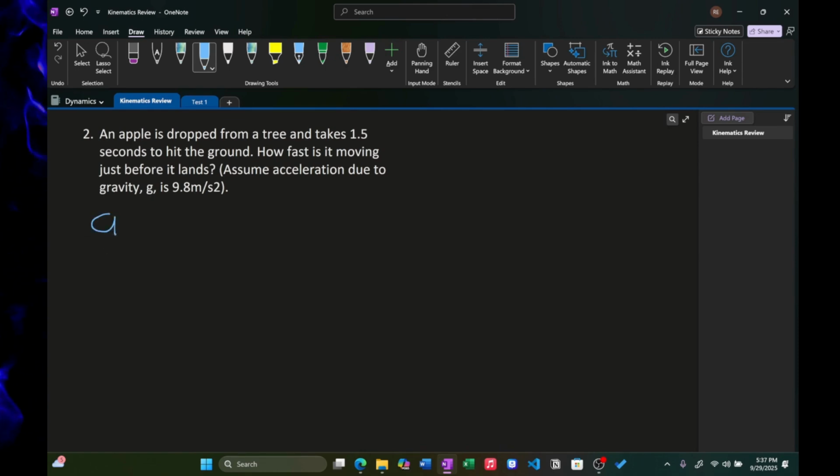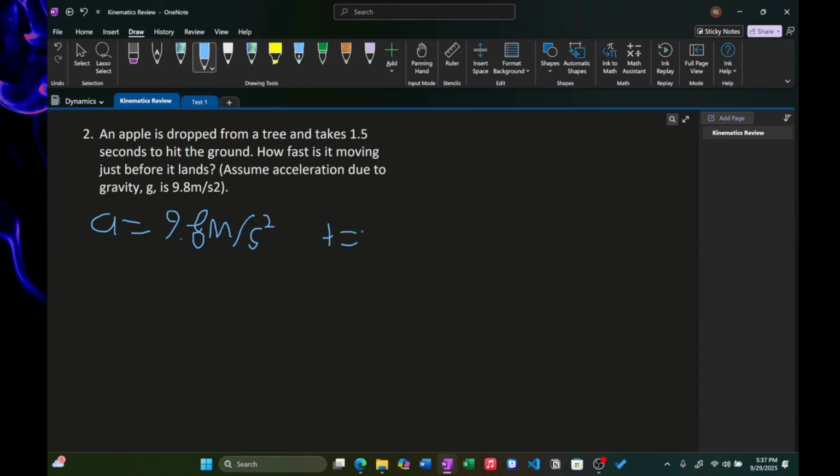So we have an acceleration, which is 9.8 meters a second squared, and a time, t equals 1.5 seconds. We also have a v initial, because the apple is not falling before it falls from the tree.